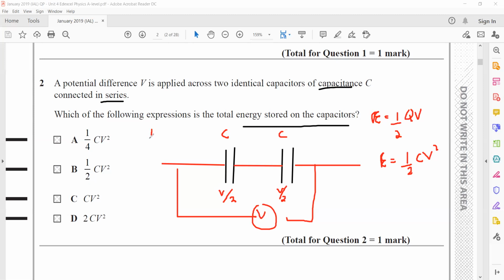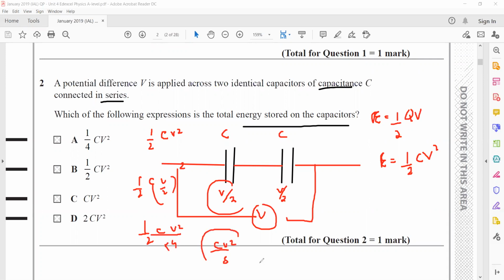If I substitute this in the energy of each capacitor: energy in one capacitor is half CV square, but V is here V by 2. So in place of V, I'll substitute V by 2. So it will be half C times V square by 4, which is CV square by 8. So each capacitor has CV square by 8.